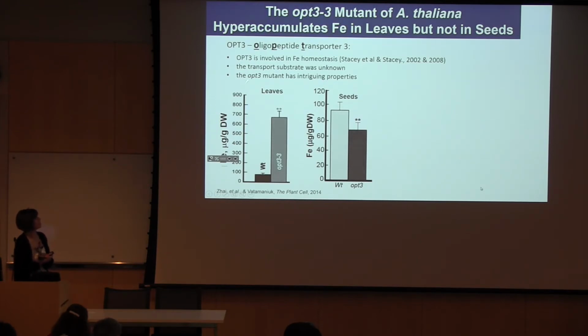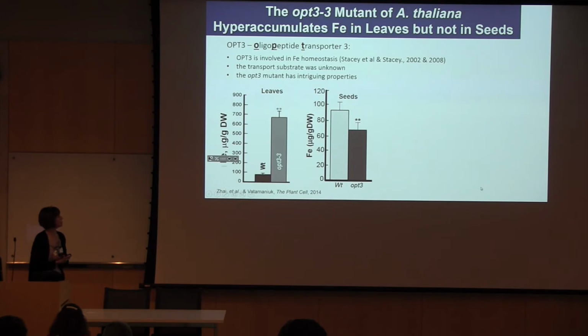And the OPT3 mutant has very intriguing properties, of which I'll just highlight one. Leaves of the OPT3 mutant accumulated a huge amount of iron compared to the wild type, but yet seeds of the mutant contain significantly less iron than the wild type. It was unusual because typically seeds get their minerals from leaves, and you would expect that if leaves have so much iron, then seeds would have so much iron, but yet it didn't happen.